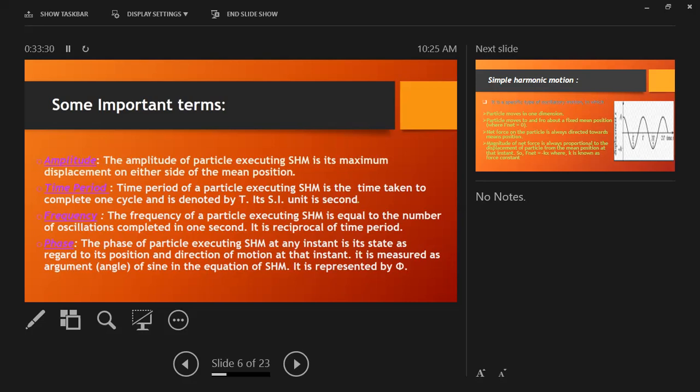So, this is kappa. Phi, psi, chi, and kappa.